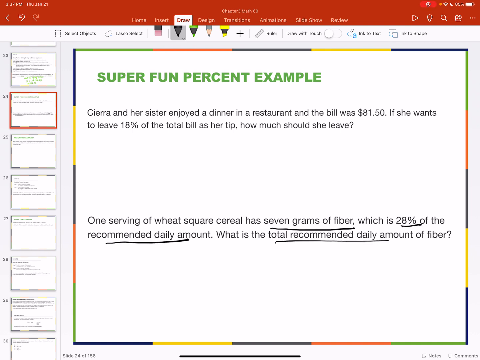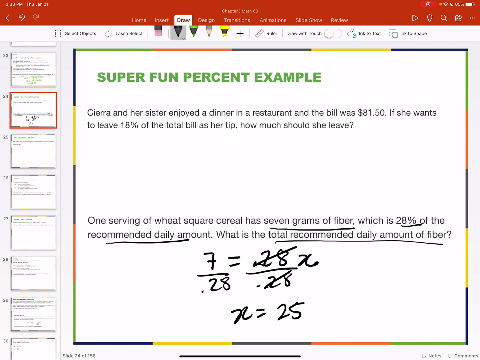What's the total recommended amount? So basically 7 is 28% of what? Then just divide by 0.28. At this point, you should already be practicing using your calculator also. So x is 25. The total recommended amount is 25 grams.